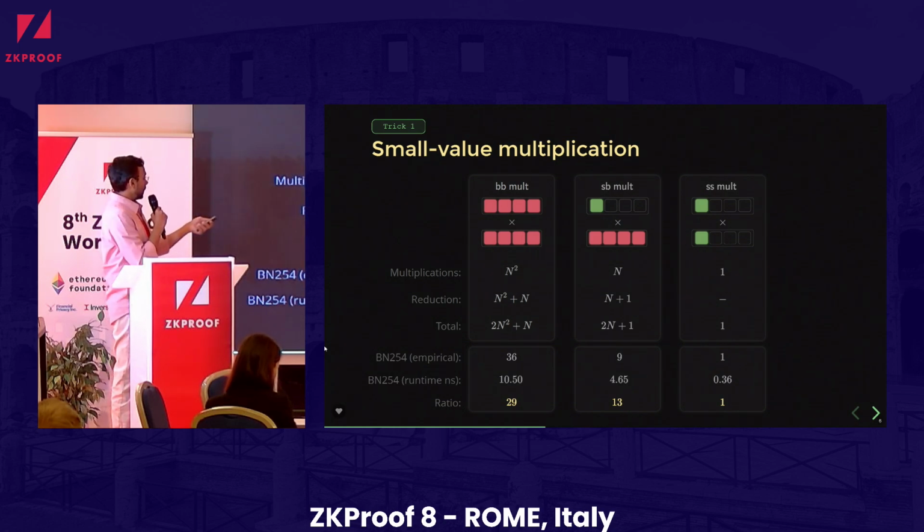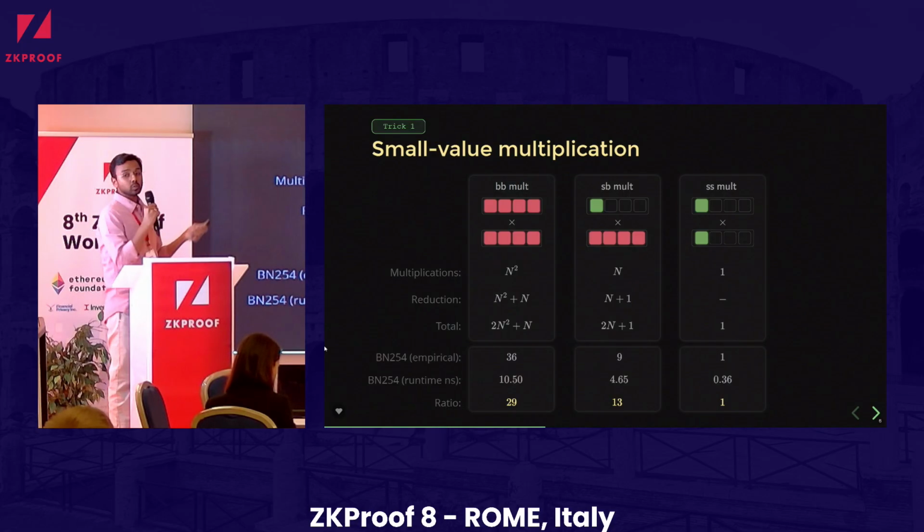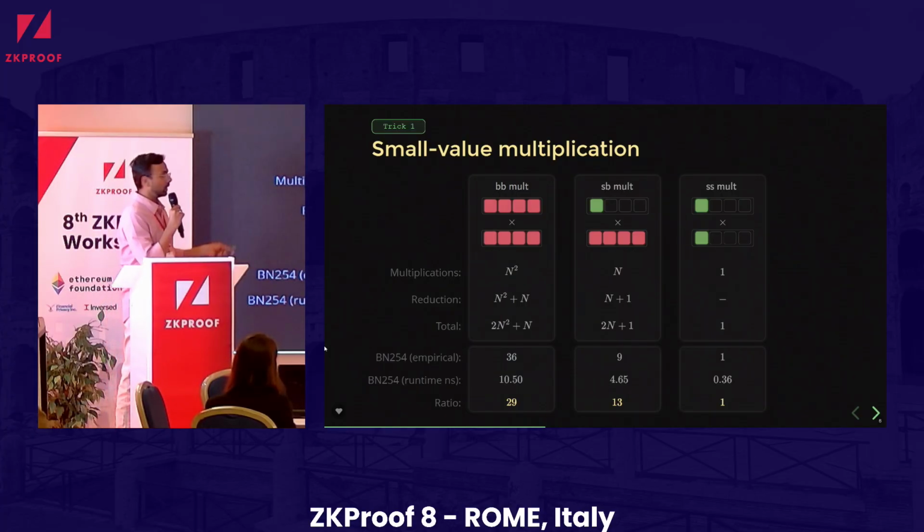So empirically, for BN254, if we just plug in n equal to 4 in these expressions, a big multiplication is 36 times slower than the small multiplication. And we also see this empirically. It's 29 empirically.